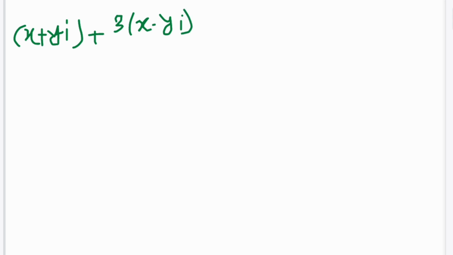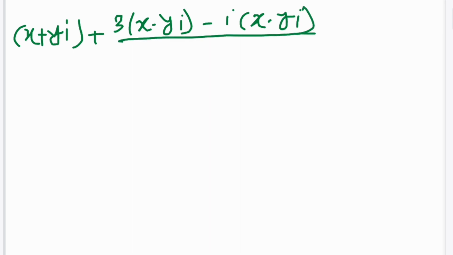So guys, x plus yi plus 3 into (x minus yi) minus i into (x minus yi), we just replace it, over x square plus y square equal to 3.